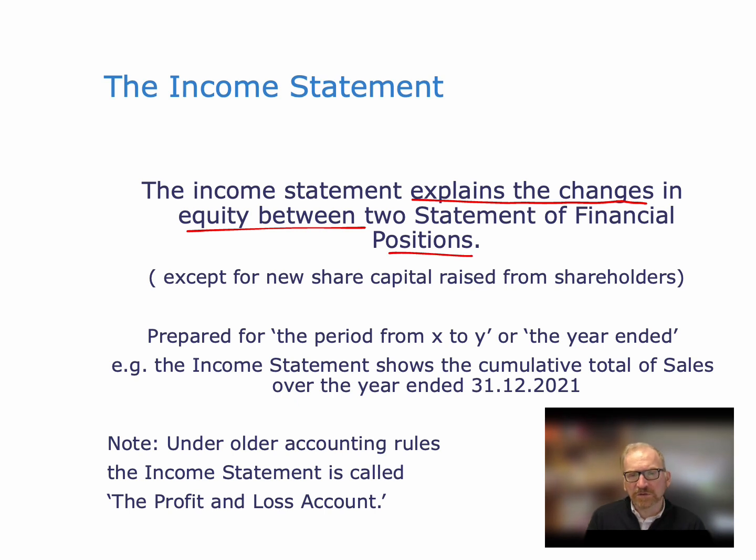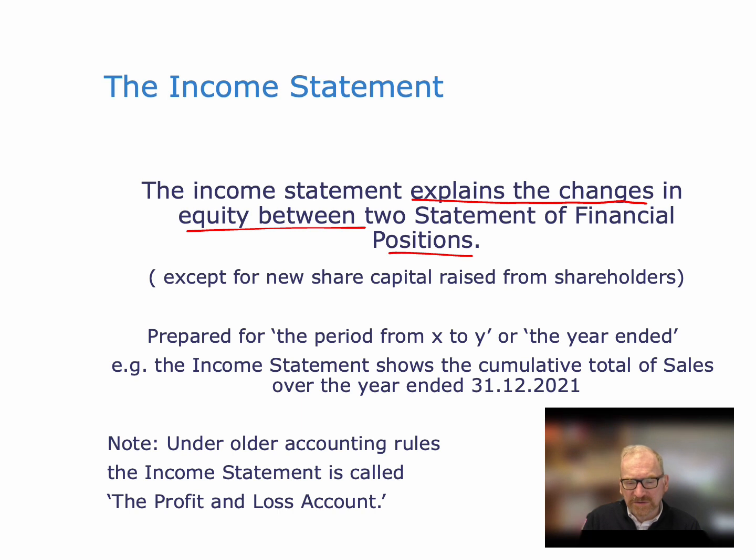Okay, so you've got a statement of financial position at the start of the year, and a statement of financial position at the end of the year. The assets minus liabilities are going to change between those two dates, and the equity is going to change. The income statement is the bit that explains that change between two dates.